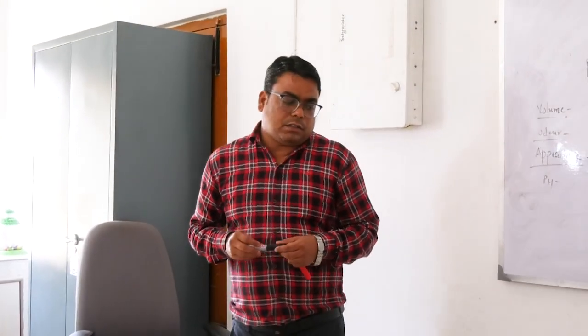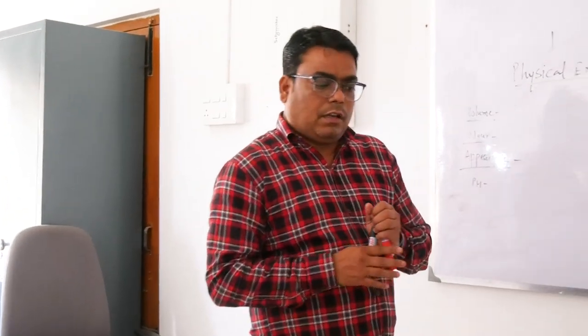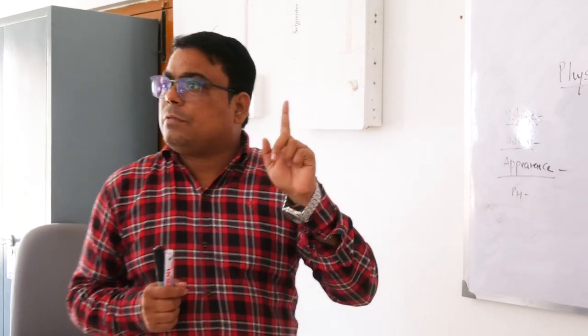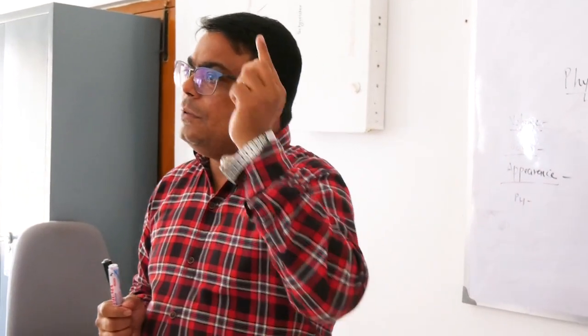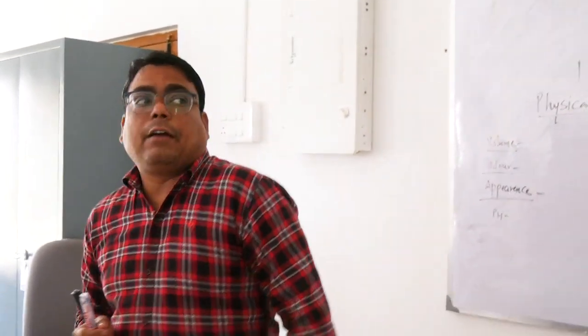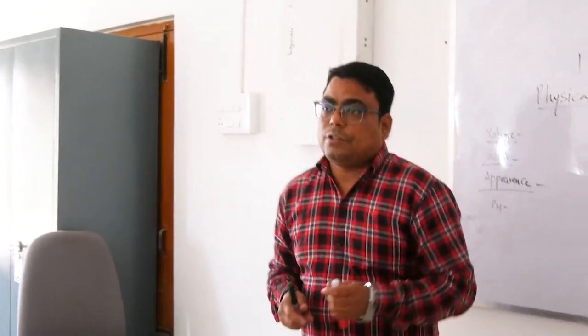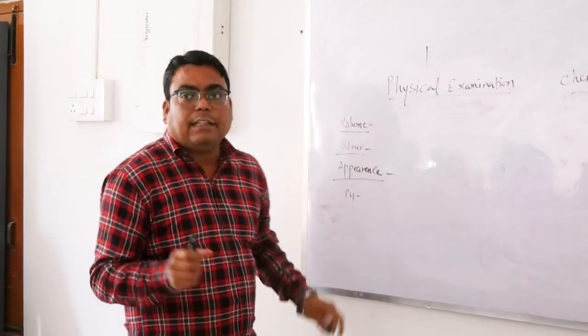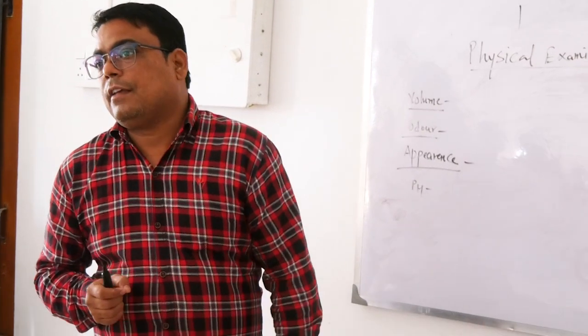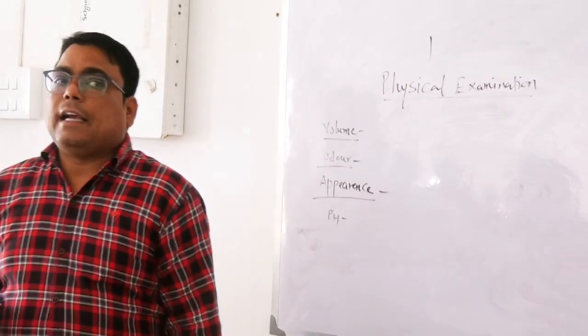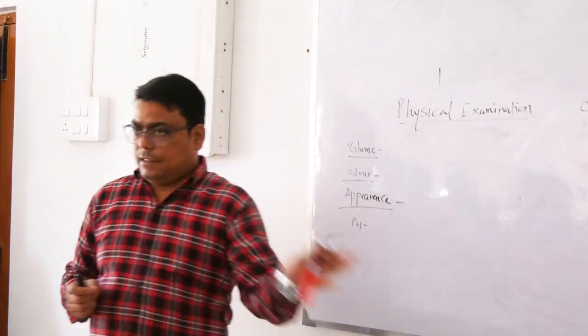Students, we do not measure the accurate pH of the urine by a pH meter. For this pH we take a litmus paper. In the 12th class you saw blue litmus paper and orange litmus paper, which change color according to acid or base. So it changes the color. Urine is basically slightly acidic in nature.